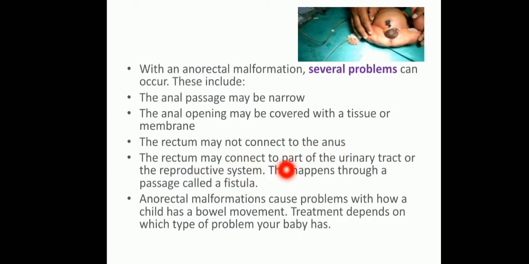If the rectum connects to part of the urinary tract or reproductive system, you should identify that it is a fistula and repair it. The surgical intervention and treatment are based on the condition.